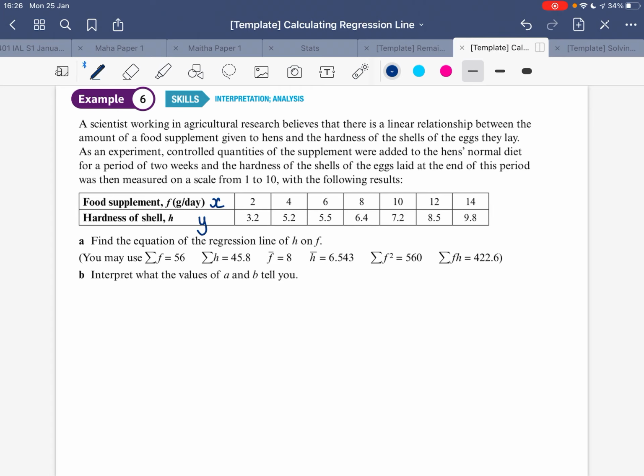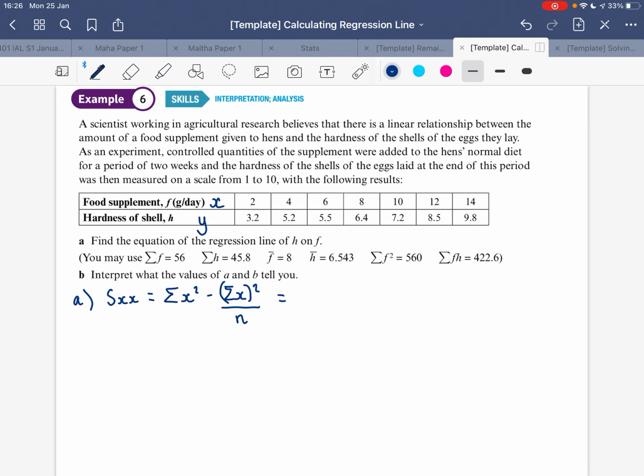So H is Y. I'm going to just continue using X and Y out of habit. So I'm going to find SXX first. Just to remind you, that is the sum of X squared minus the sum of X all squared divided by the number of pieces of data.